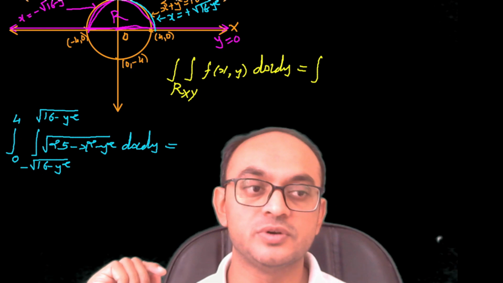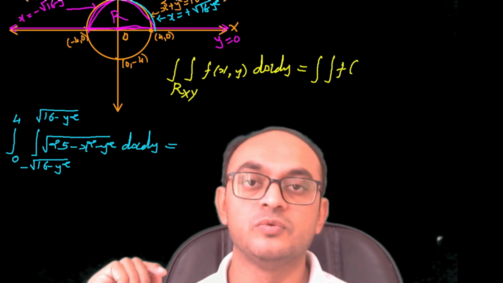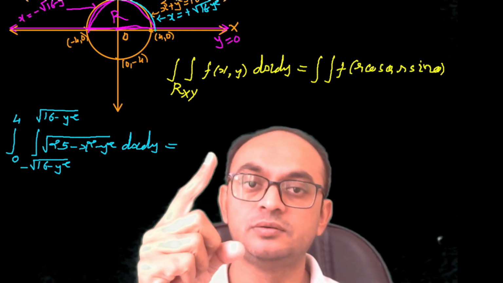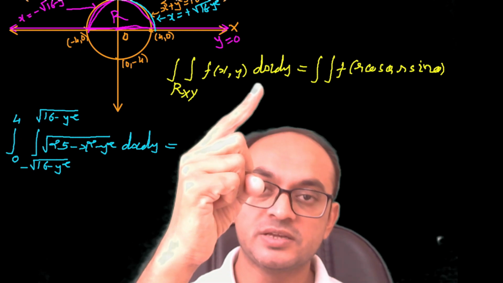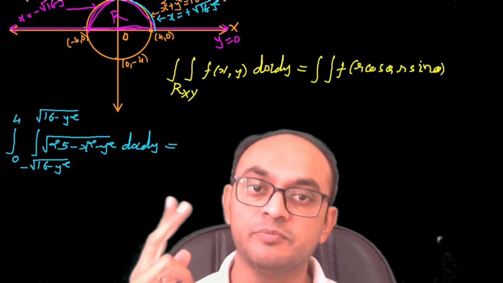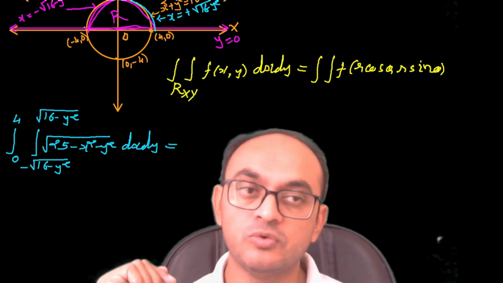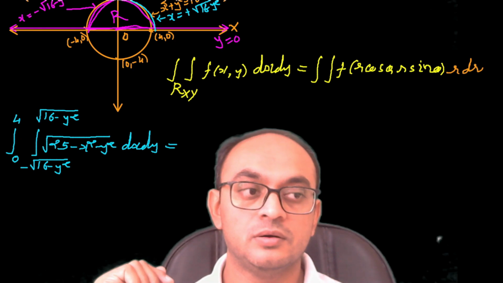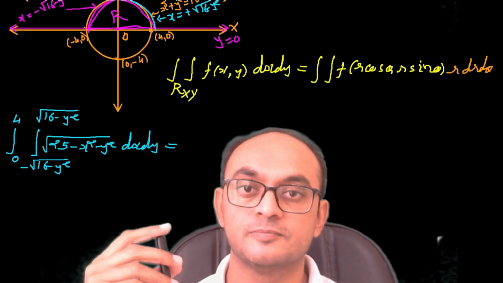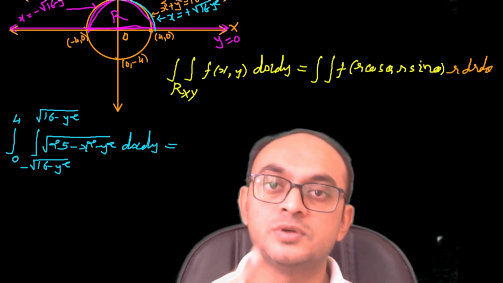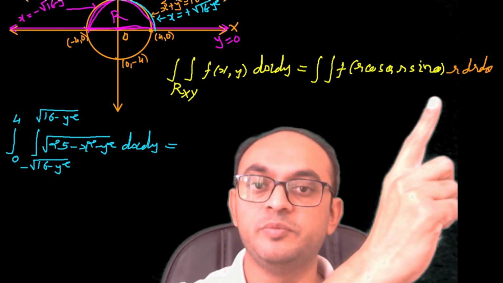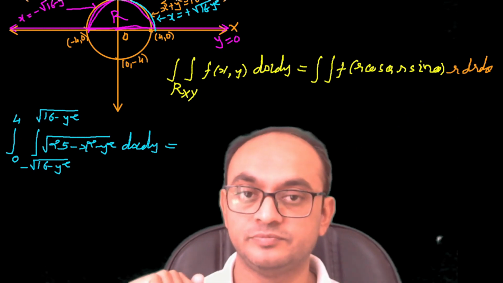So what we are substituting: x is r cos theta, y is r sin theta. Then in place of dx dy, it is not only dr d theta, right? In place of dx dy, we have to write r dr d theta. This thing you need to memorize: dx dy will become r dr d theta.